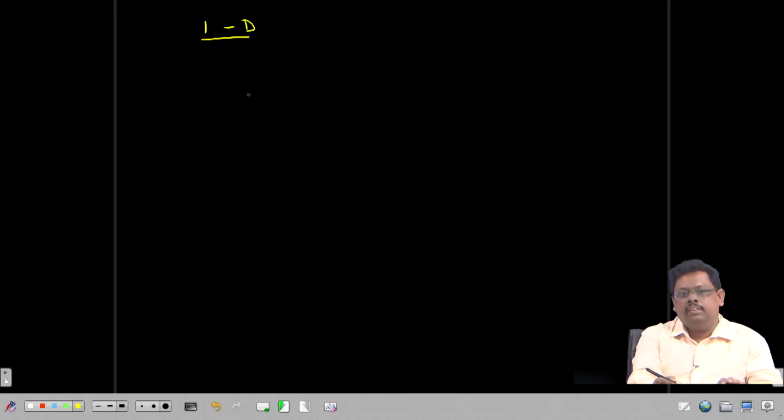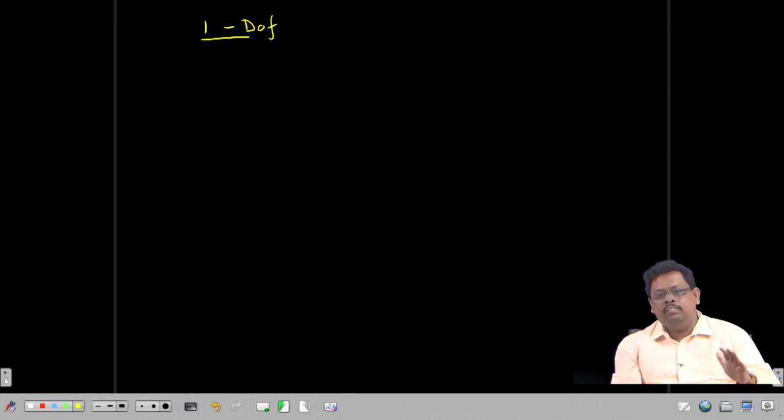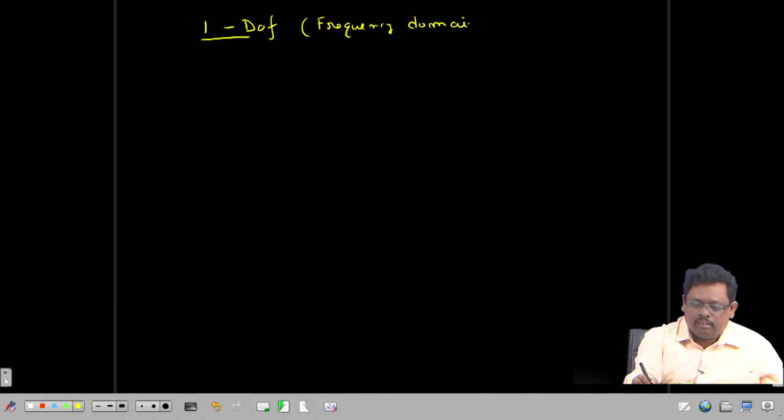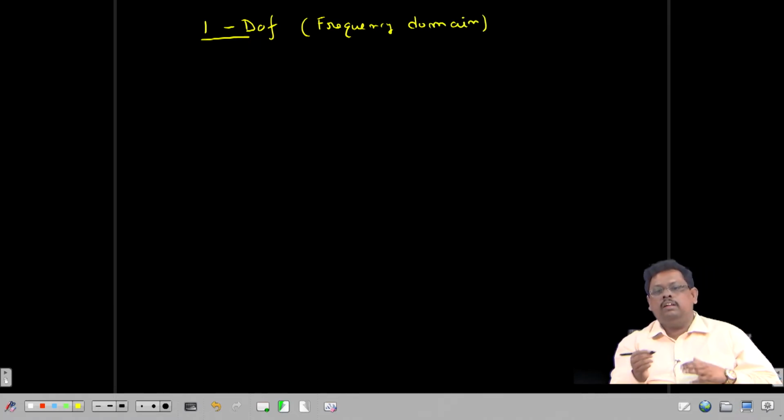Okay, fine. Once we understand this, let us again take a single degree of freedom equation of motion. So, I write the 1 DOF equation of motion in the frequency domain. How should it look?